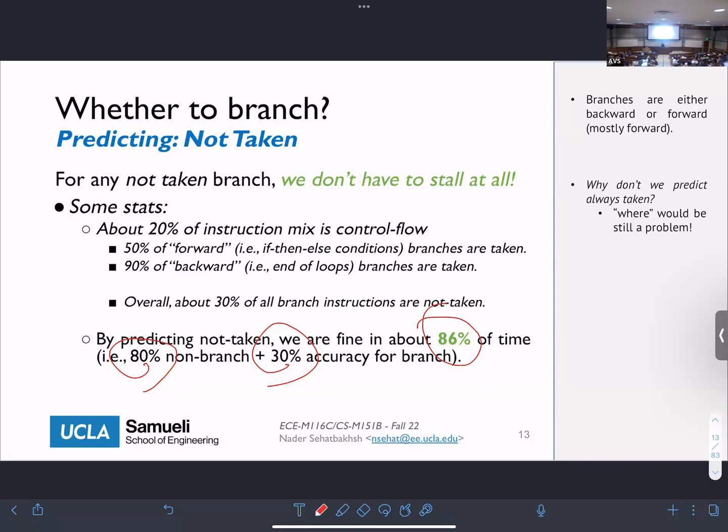And of course, for that 14% of the time, we need to think about something else. All we do from now on is improve this 86% up to, ideally, 100%. Of course, we can never reach 100% because that would mean we know what's going to happen in the future, which we don't. So we're going to get close to 100% if we can, and that's the goal in our system.